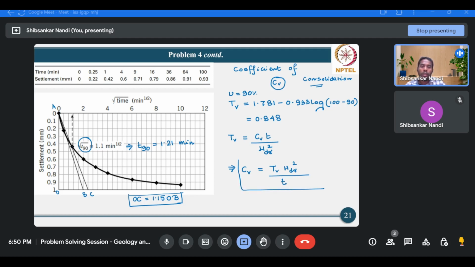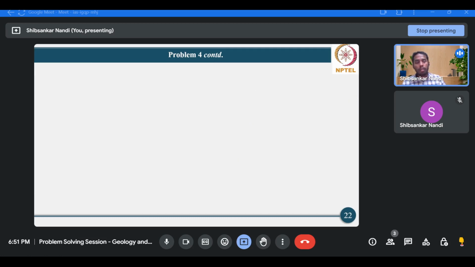Now Tv we know is 0.848 for the degree of consolidation of 90%, and the required time is 1.21 minutes. Now what about the drainage path length, Hdr? First we have to check whether it's a double drainage or single drainage condition. For the consolidometer test, it's a double drainage condition.